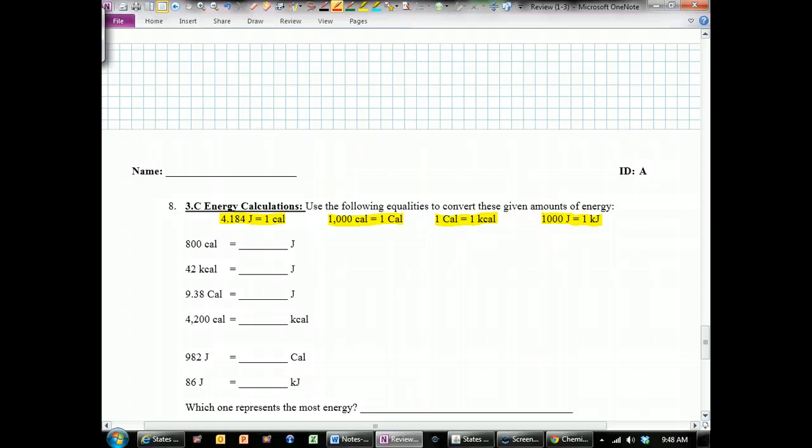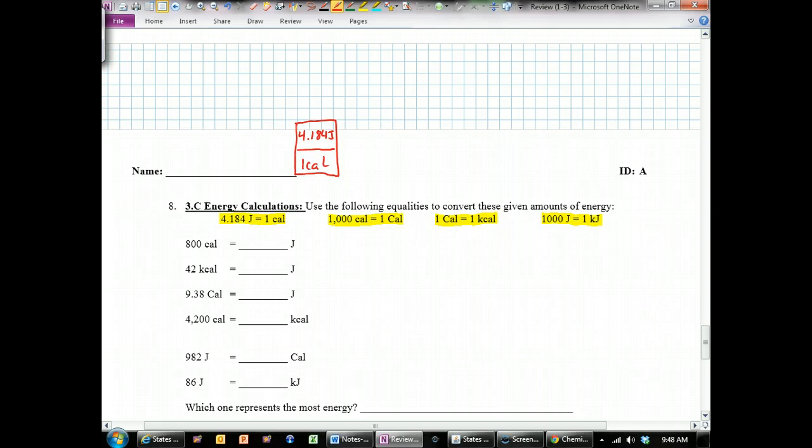When you're given an equality, what I'd like you to think of in your head is that you can get 2 ratios from that equality. You can put one of them on top.